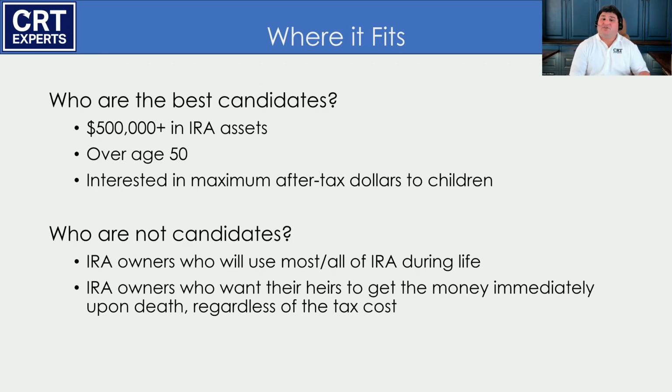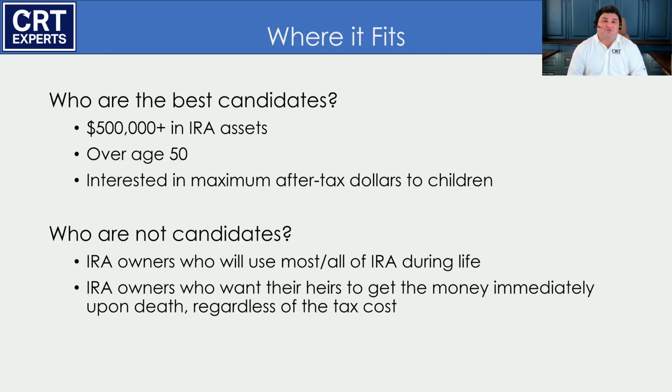Who's not a fit? We talked on the prior slide, some clients even that have sizable retirement plans, IRAs, this is not something that they're interested in doing. They are fine with their kids getting access to the money regardless of the tax consequence. Of course, IRA owners who expect to use most or all of their retirement plan, their IRA, if we've got $25,000 in IRA assets, this is not going to be a viable solution.